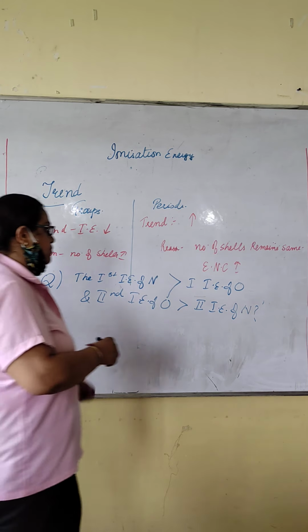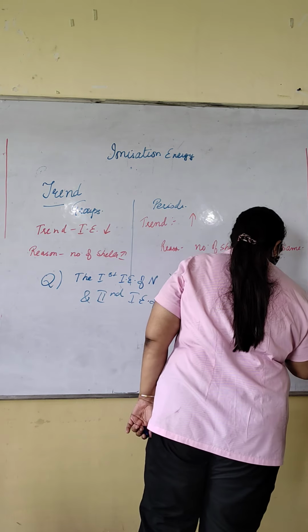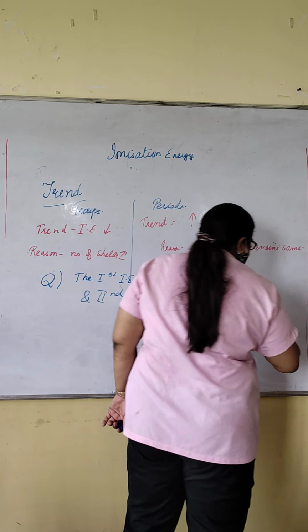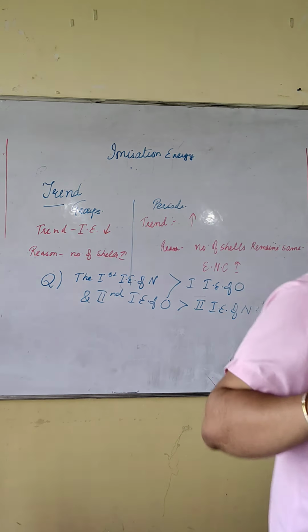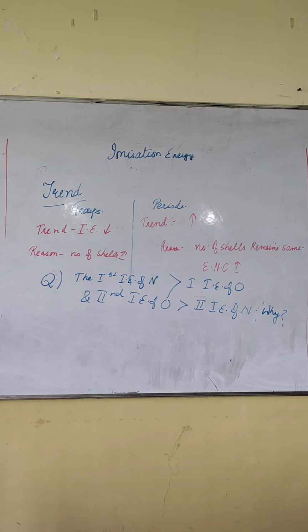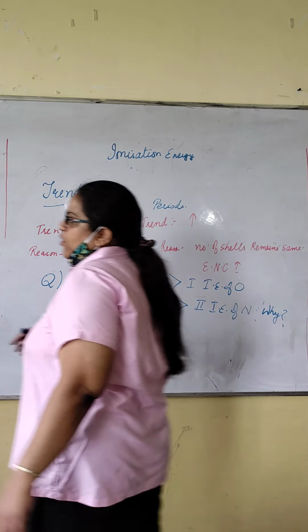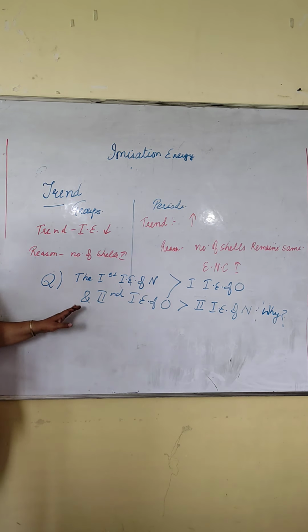Why? My question is, the first IE of nitrogen is greater than that of oxygen, and the second IE of oxygen is greater than that of nitrogen.